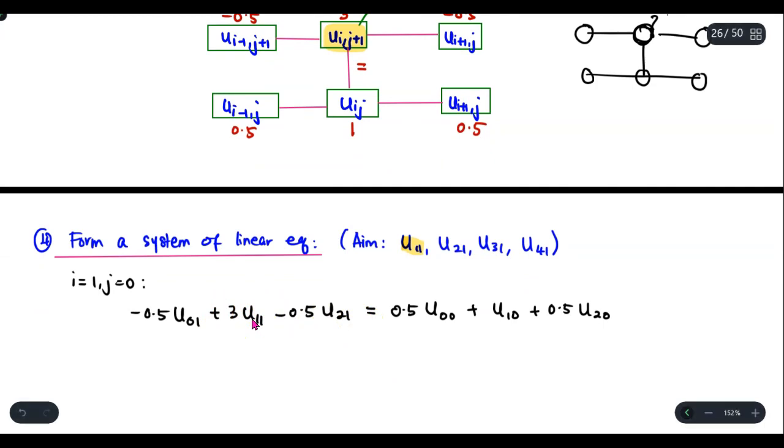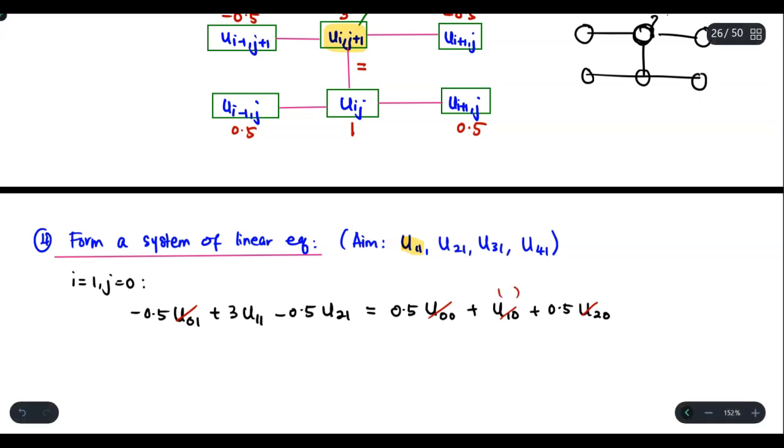For example, we know the value of u01. So you need to go to step number 2 and check what are the available nodes, the available values of the nodes that you can see in this expression here. So u01 is basically known, u00 is basically known, u10 and u20 are basically known.